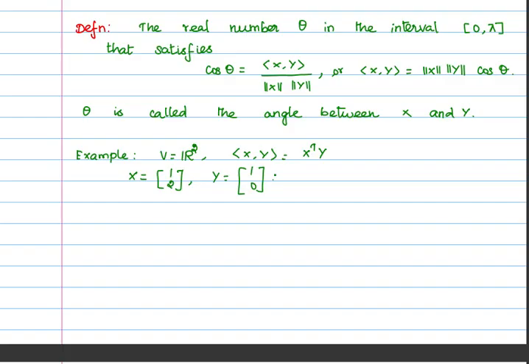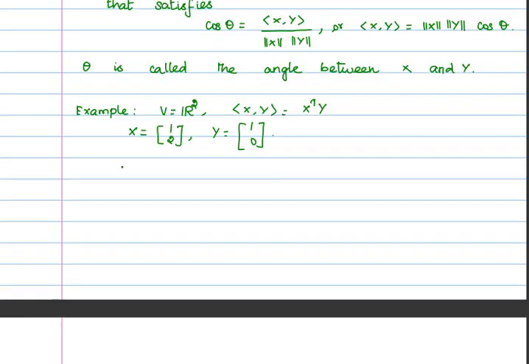Cos theta equals the inner product of x comma y divided by the length of x times the length of y.